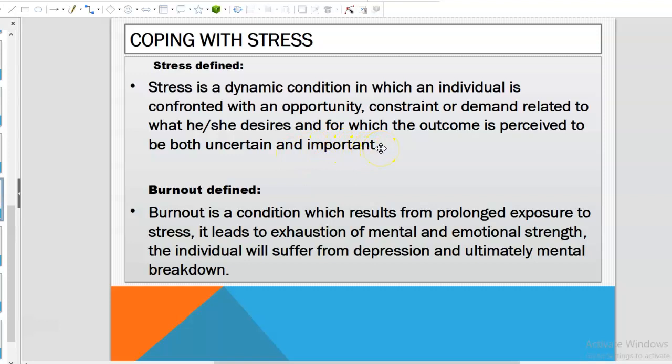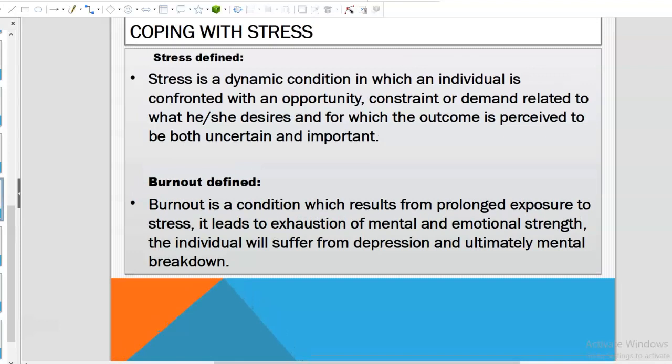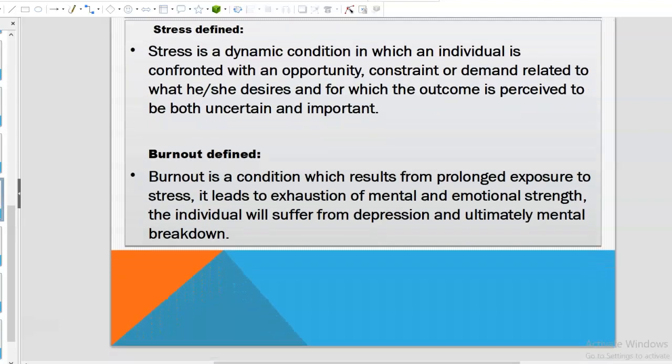So it's a situation when you're about to do something which is really important. So you'd find your body, physiologically and psychologically, runs into the stress mode.